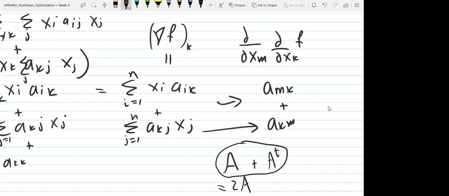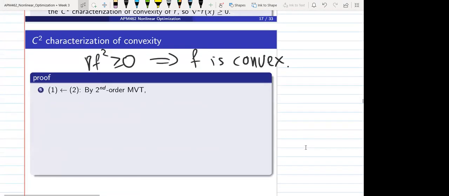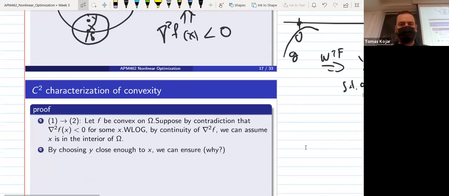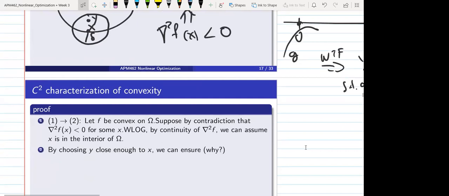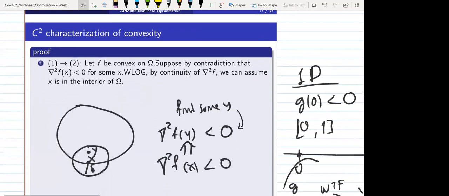Professor, I had one other question. Yeah. So when we were proving the equivalence for the C2 characterization for convexity, you said that we were doing it by proof of contradiction. Yeah. So I'm wondering, we suppose that the Hessian is not positive semi-definite, does that immediately imply that we assume that the Hessian is negative semi-definite?